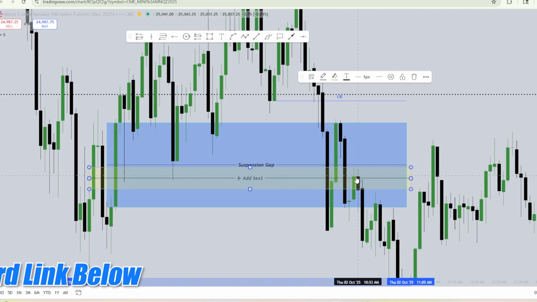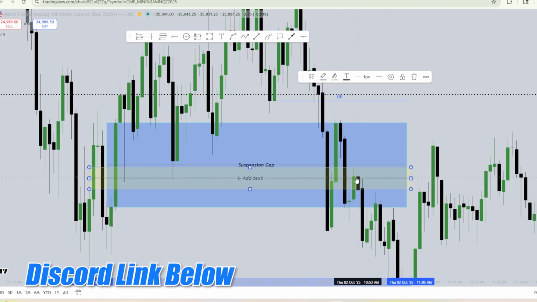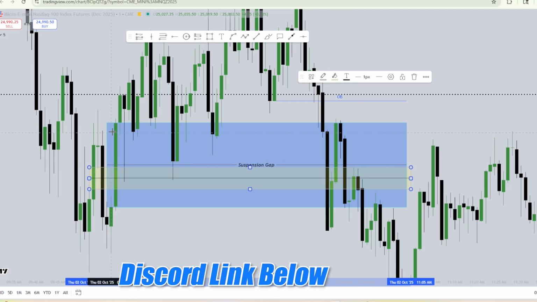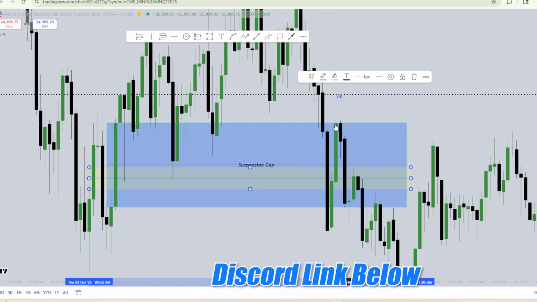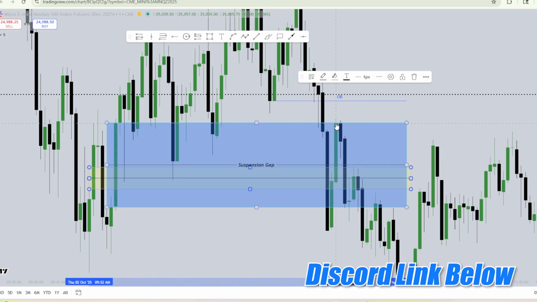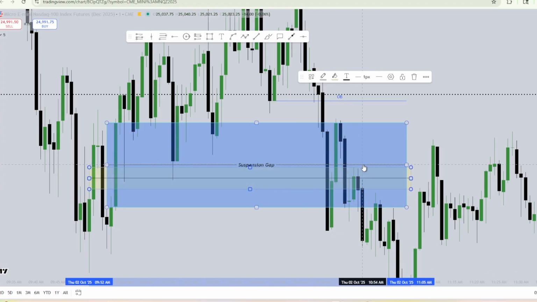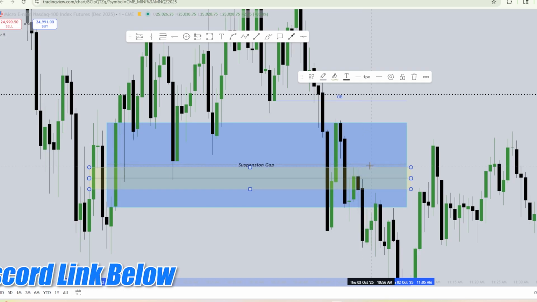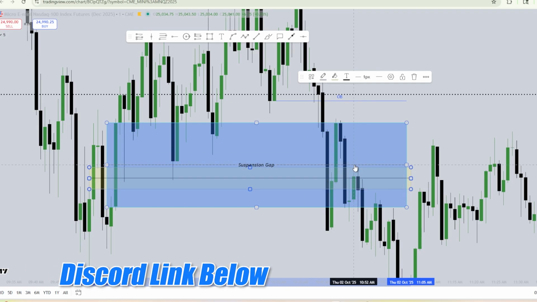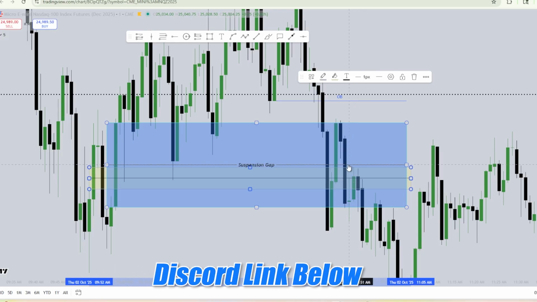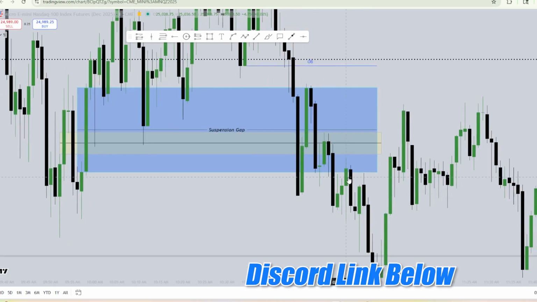We got above it, then got back below, and then we started respecting the level. But you can see that we were really respecting the suspension gap to the T. Buys closing within this suspension gap, came back, went back up. You can see that'll be the consequent encroachment, or halfway point, of this suspension gap. And you can see we didn't even get right above it. Then we started trading lower.